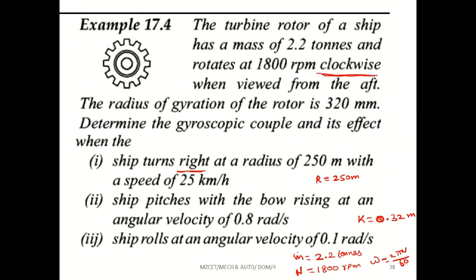What did they give in the question? Velocity is 25 kilometer per hour. Converted into meter per second: kilometer to meter means multiplying by 1000, and hour to second means 60 into 60.